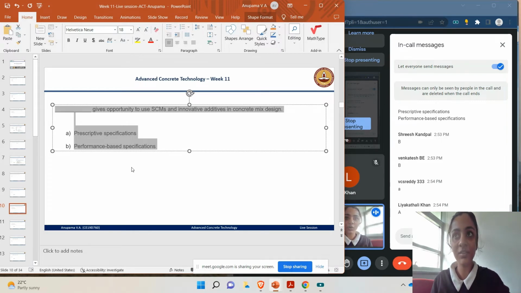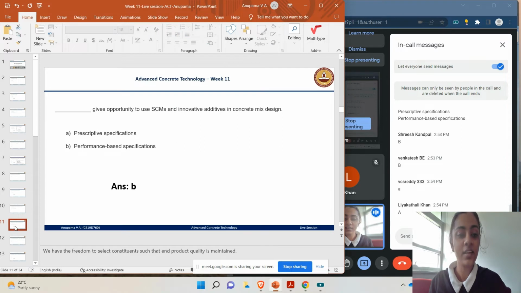We are not focused on what needs to be added to the mix instead. So that gives us more freedom to use, say, more SCMs, or suppose there are some locally available waste materials which we can use in the concrete, which can give a better or adequate performance. So performance based specifications give us that freedom or opportunity to use new or innovative materials.